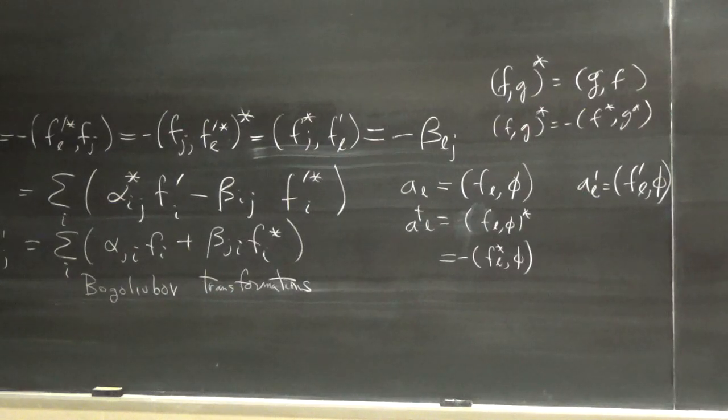It sort of comes from the definition of a scalar product. Given a scalar product that has these properties, we have all of this that follows. Depending on what theory you're dealing with, you can define the scalar product in different ways, but you want to make sure that it's Hermitian and has these other properties.